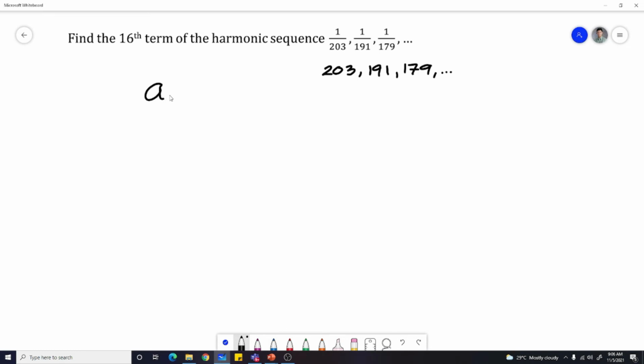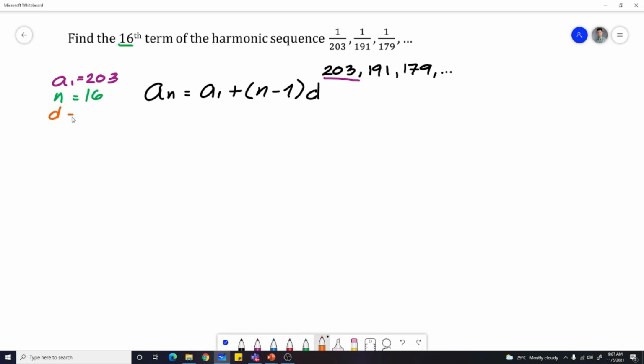Next, we're going to use the arithmetic sequence formula, which is a sub n is equal to a sub 1 plus the quantity n minus 1 times d. Next, let's identify our given. First we have a sub 1, our first term, which is 203. Our number of terms is 16, so n is equal to 16.